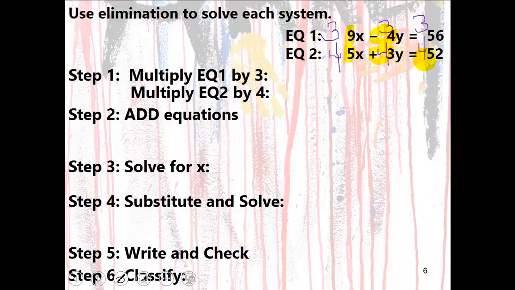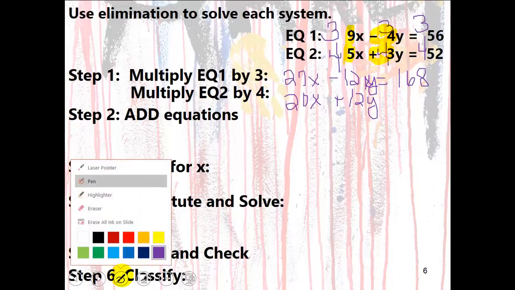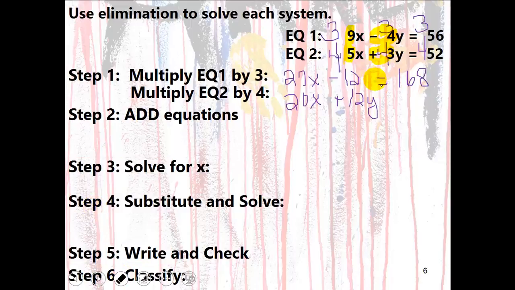And when I do this, I get 27x minus 12y is equal to 168. Then I get 20x plus 12y. Oh, that should be a y. Let me erase that. Doesn't look good. Looks crumbly.